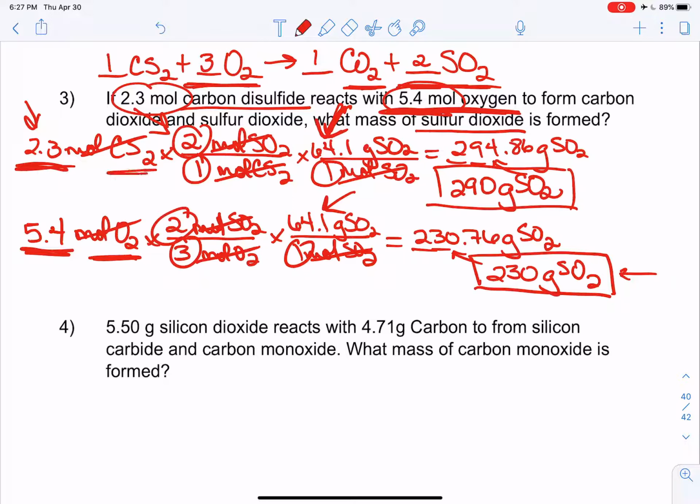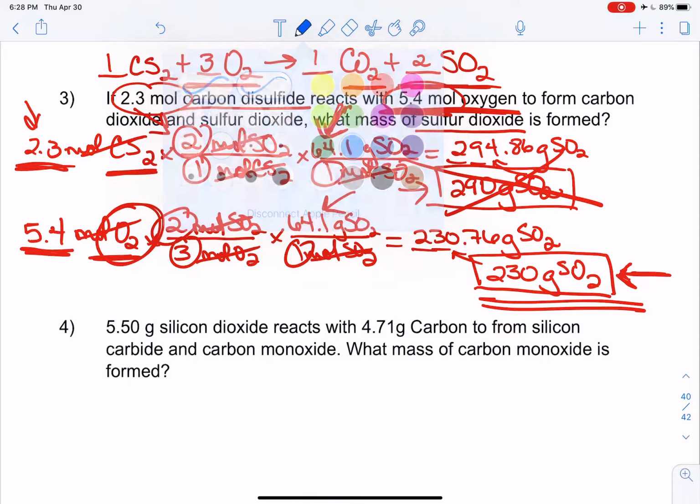So we have enough carbon disulfide to make 290 grams of SO2, but we only have enough O2 to make 230 grams of SO2, so we cannot make that much SO2. We can only make 230 grams of SO2. So that would be your answer right there.